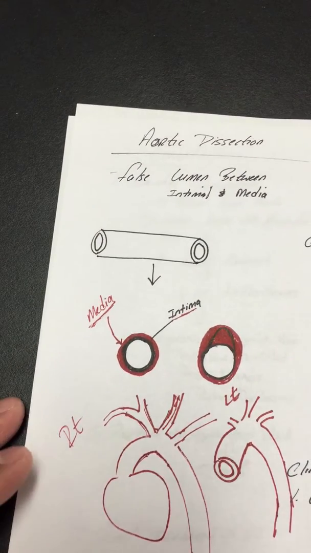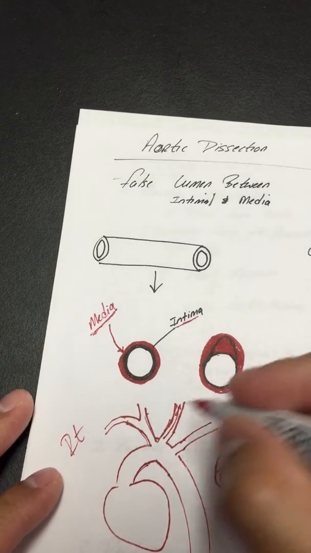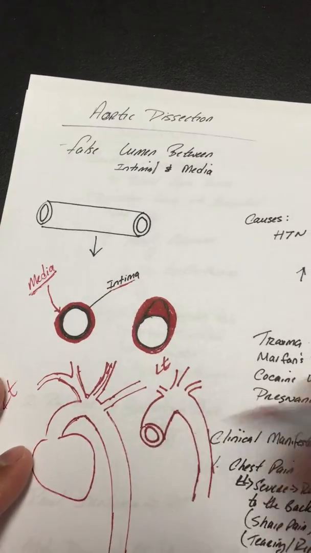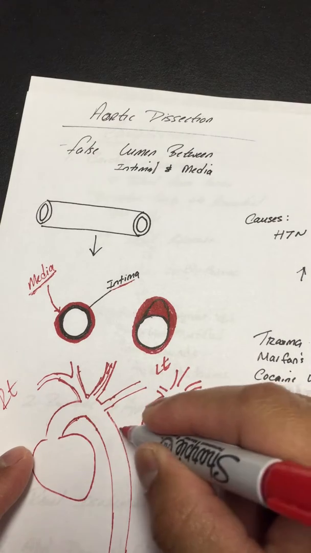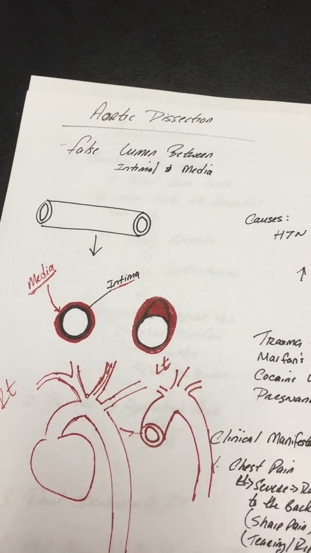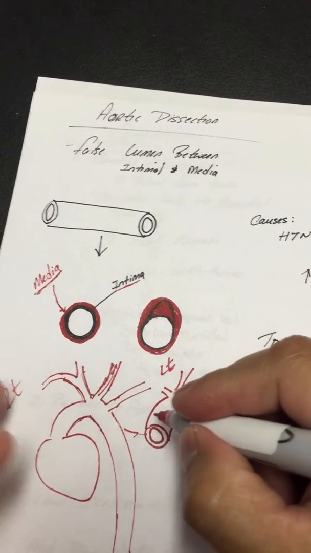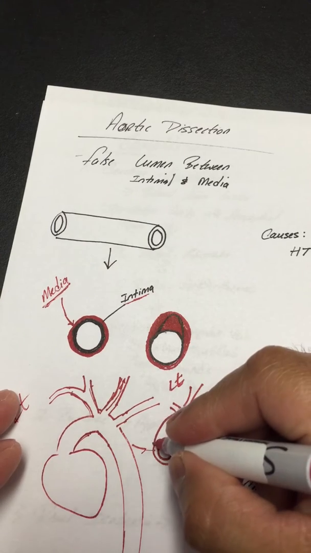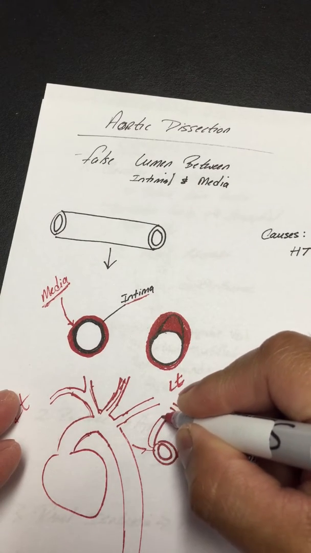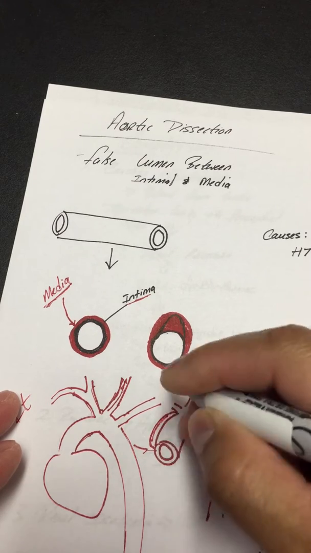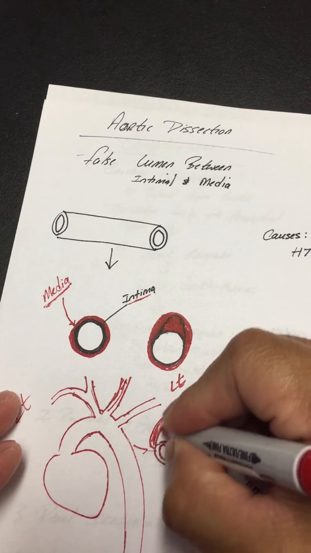If, however, we have, for example, a dissection occurring, here I just drew the same aorta. Again, we have here the intimal layer. If we have a dissection or a false lumen creation, for example, in the ascending portion, like here, we are going to have blood trapped in this area.